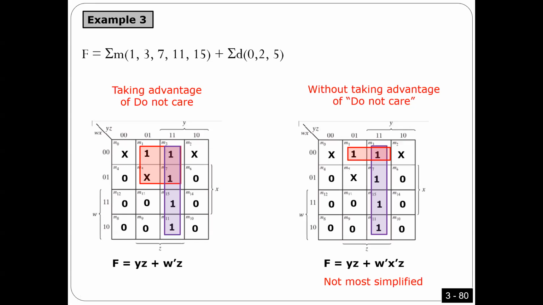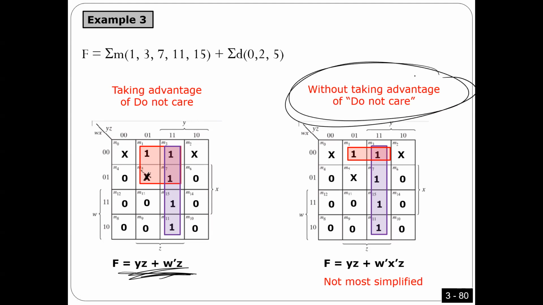I give you another example here. I just want to show you here. If, for example, I have don't care this way, because of this don't care here, I was able to make a group of 4. Okay, so because of that, this is the function I got. But if you don't take don't care into account, what are you going to lose?